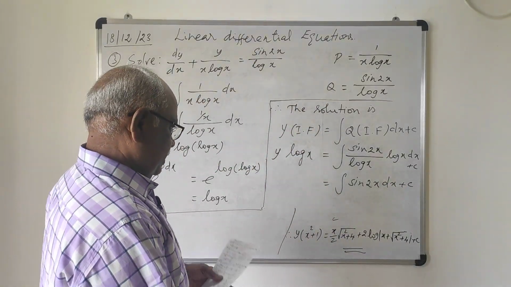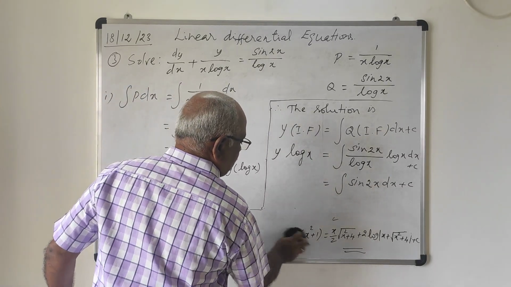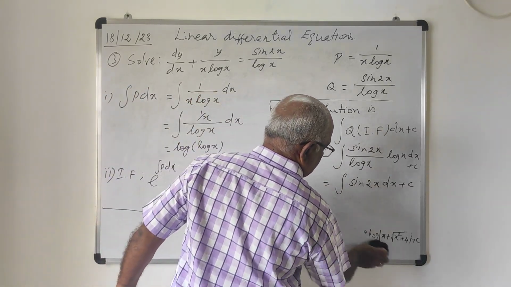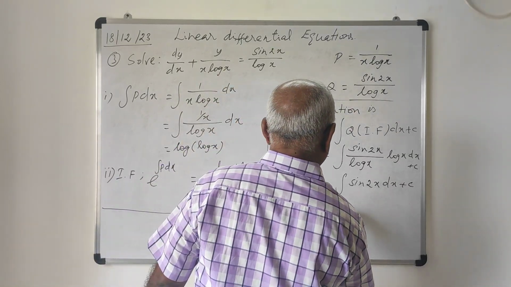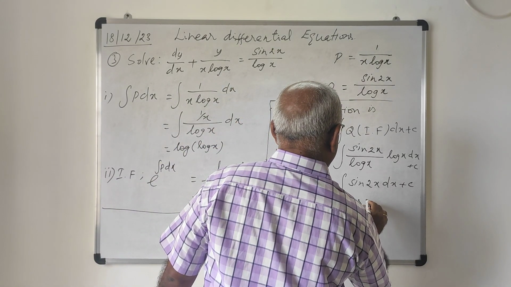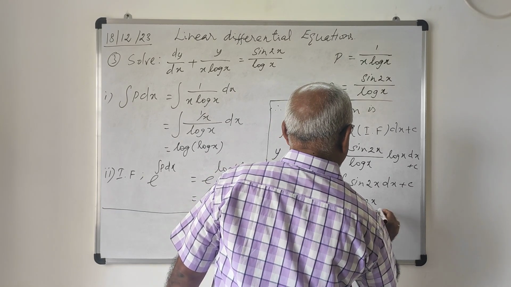You know the integral of sin 2x is minus cos 2x by 2 plus c.